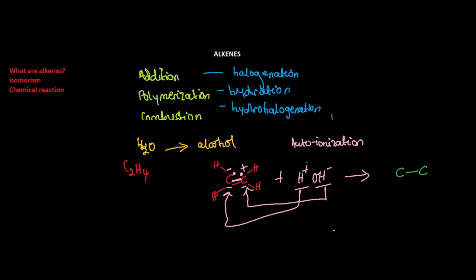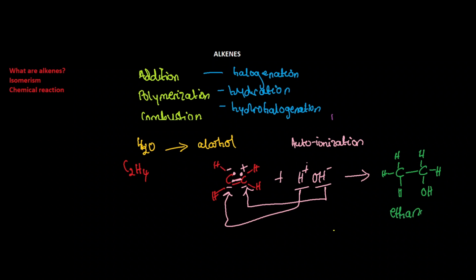Now let's take a look at the result. One of the double bonds, the pi bond, is broken, and we're left with a sigma bond here, and then we have hydrogens attached, and this carbon has an OH attached to it, along with hydrogen and hydrogen.